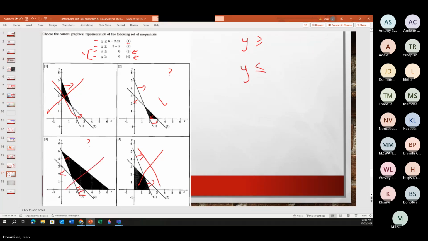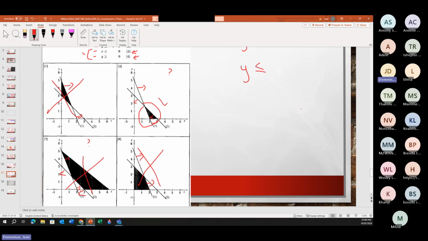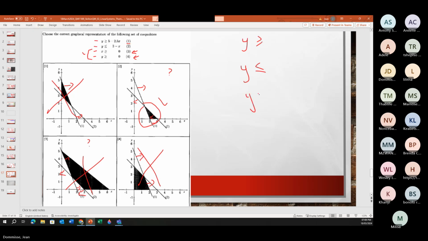So again, that is the correct one, that is your feasibility area. Just to show it again to you guys: if that second one was y bigger or equal to, then this one would have been your feasibility area.